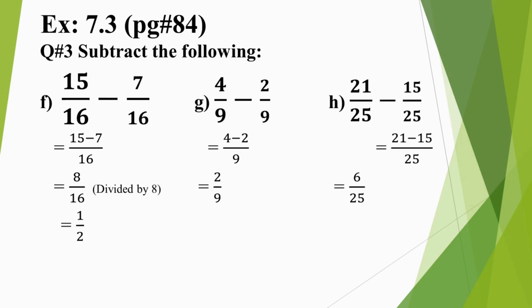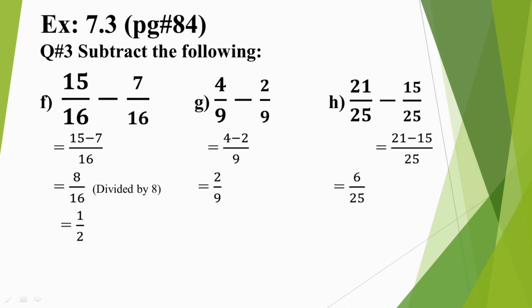Now we are moving to question number 3. Question number 3 is about the subtraction of fractions, similar to the addition. As we can see in the F part, we have 16 as the denominator, and both are the same common denominator.